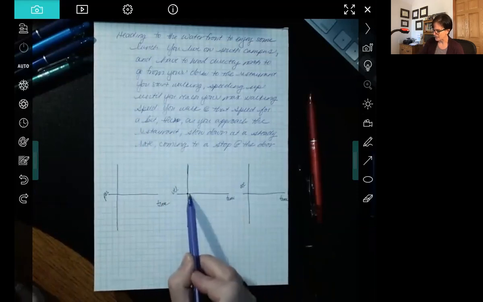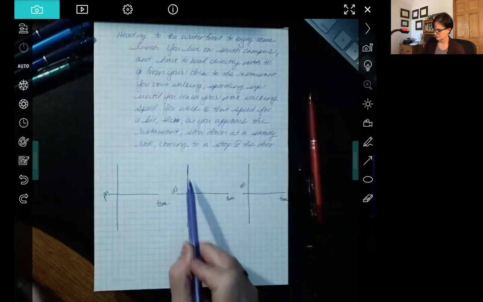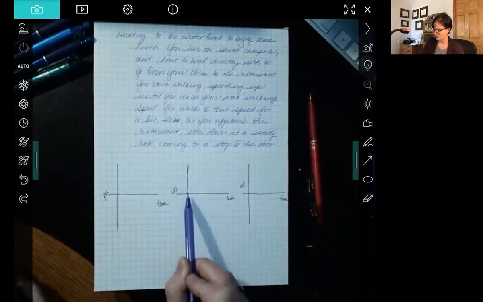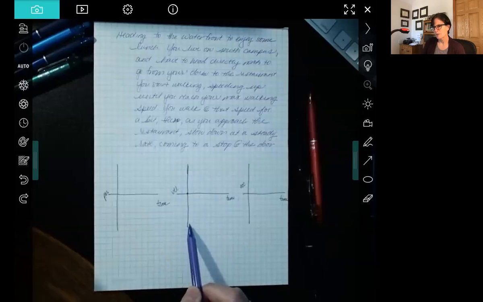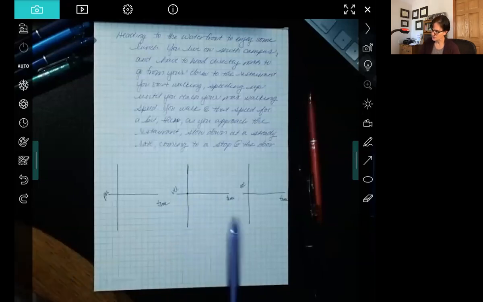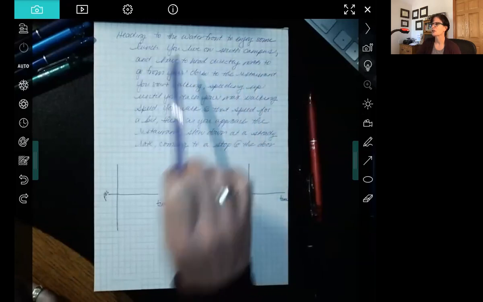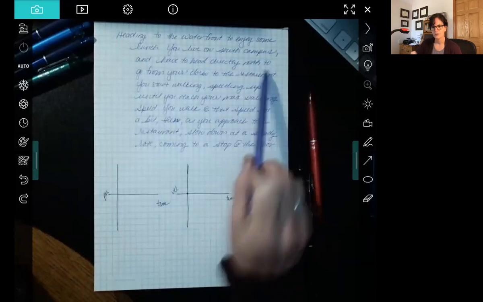Because as time goes on, if I am moving in the positive direction, my numbers would be increasing along the positive axis. And if I'm moving in the negative direction, my numbers will be increasing along the negative axis. So what am I doing in this story? It tells me that I live on South Campus and I'm heading to the waterfront, which is directly north of my dorm.